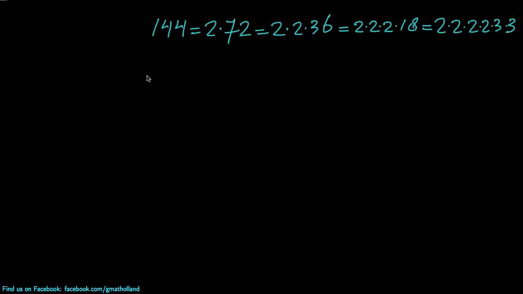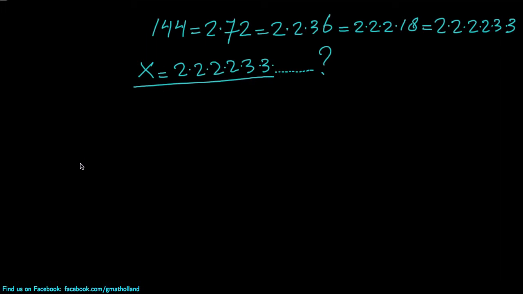So the question basically asks you whether x has as its prime factors 4 2's and 2 3's. And there's possibly more prime factors, but the question is whether x has as its prime factors 4 2's and 2 3's at least.